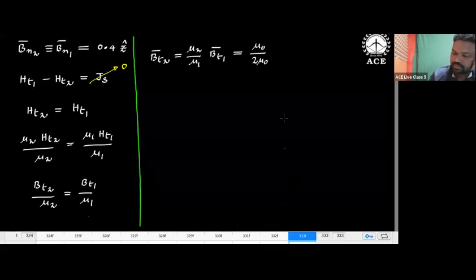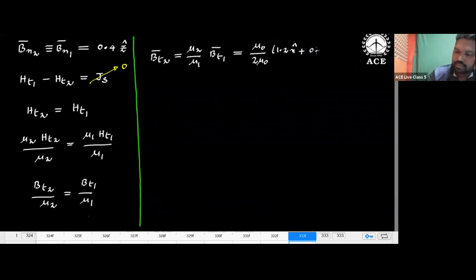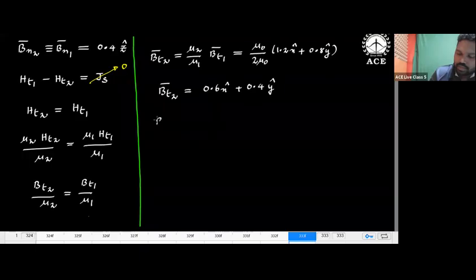What is BT1? 1.2 x cap plus 0.8 y cap. So here BT2 is equal to 0.6 x cap plus 0.4 y cap. So what is overall B2? BT2 plus BN2.